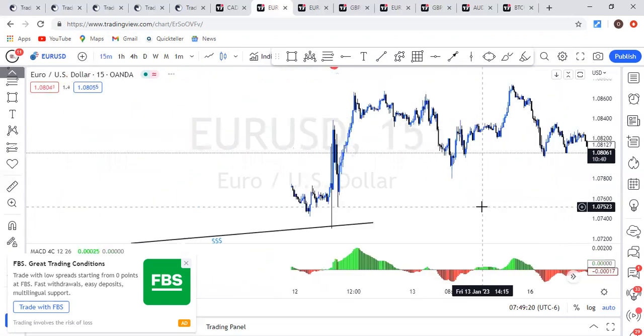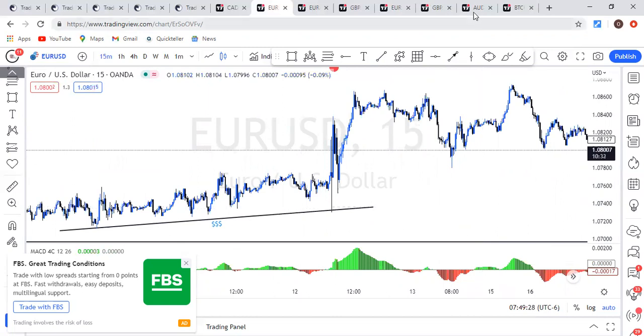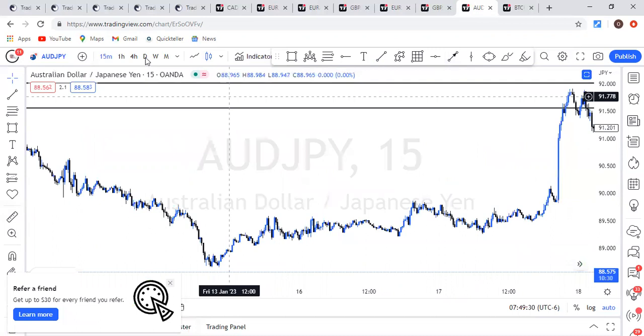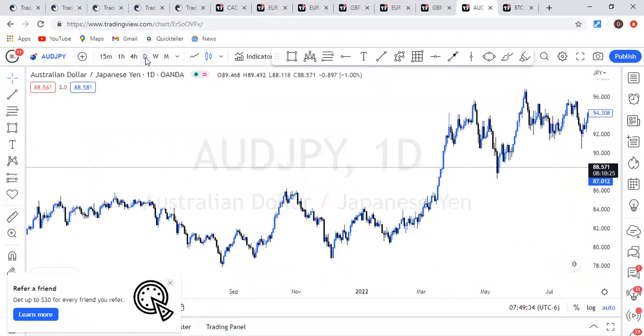And the other time I promised to show you how to take a trade or confirm a trade with MACD. Let me show you an example here. This is actually for those that don't understand.